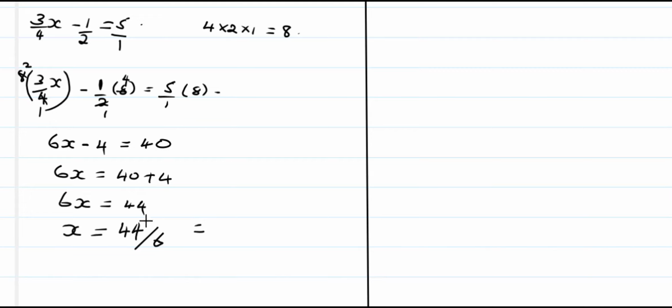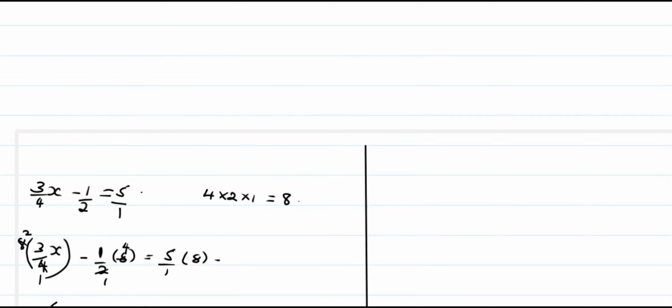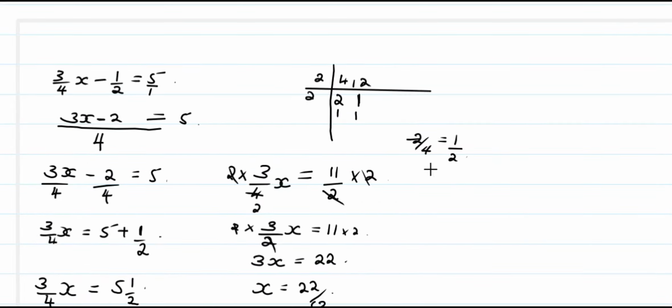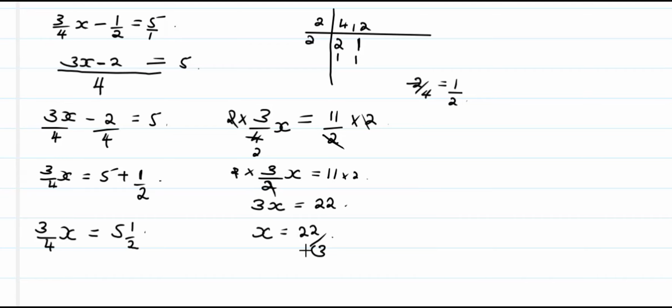So we can divide this by 2, which now becomes 22, and then we can divide this by 2, which becomes 3. And I think in the previous method, we also got 22 over 3. So you can use either of these methods to solve these kind of questions.